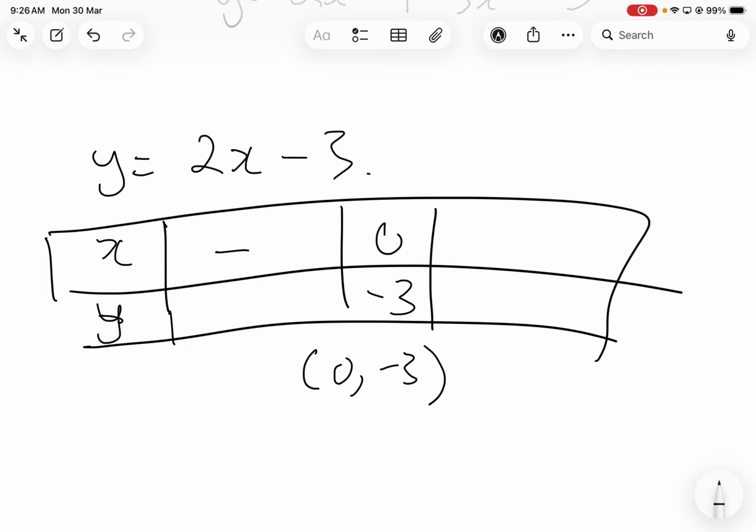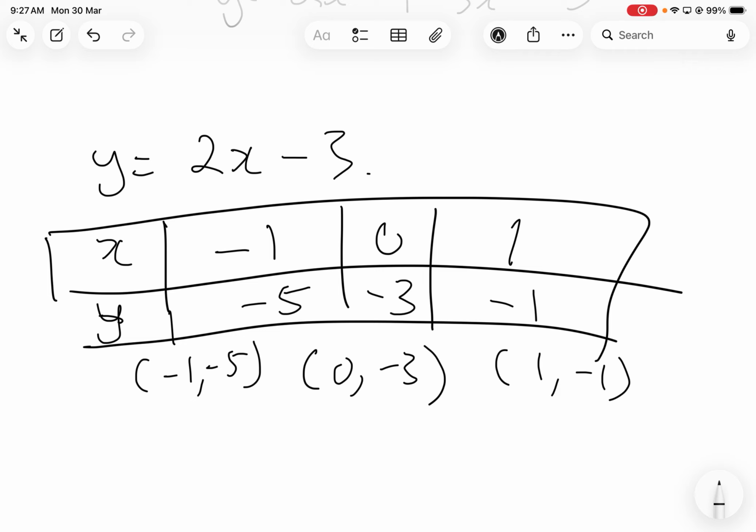Okay? So similarly, I need more than 1 point to plot in my graph. So when x equals to -1, -1 times 2 is -2, -2 minus 3 is -5. When x equals to 1, 2 times 1 is 2, 2 minus 3 is -1.